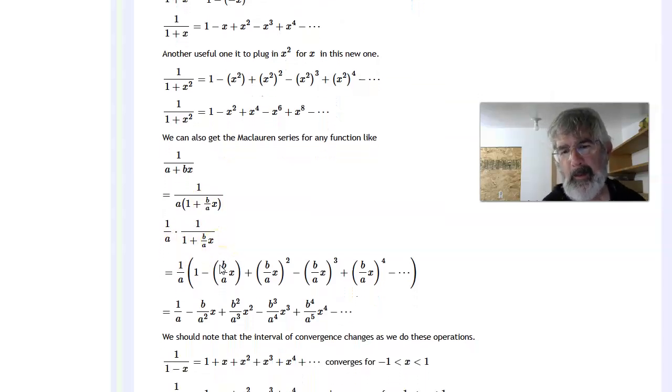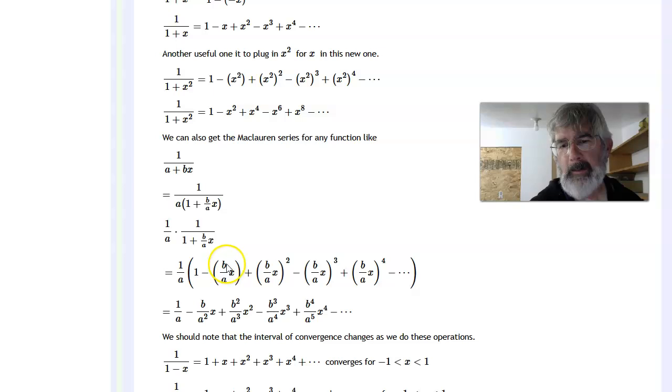And then what I'm seeing is this 1 over 1 plus bx over a is this one that's right at the top of the page, but instead of an x here, I've got a bx over a, or b over a times x, however you want to do that. So I'm replacing this right-hand side.